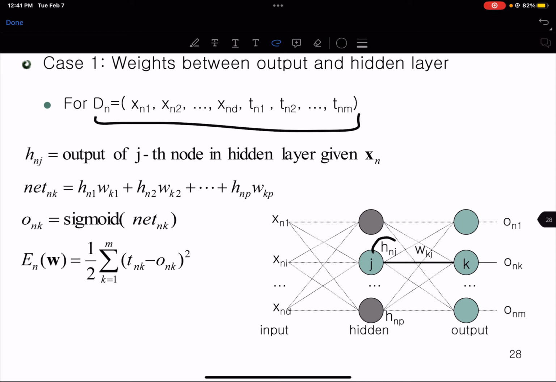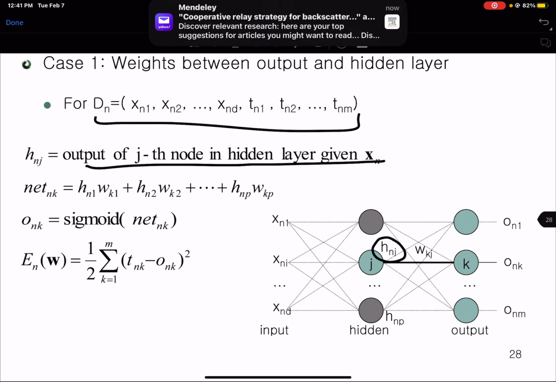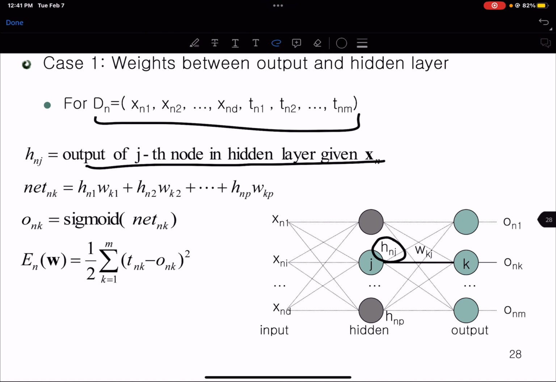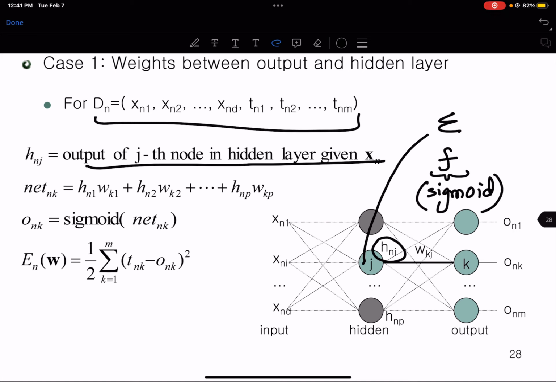So what is h_nj? It is the output of the jth node in the hidden layer for given x_n input. So we know that each node has a summation part and a function f part, and in this example that we will follow now, your f function, or the nonlinear transformation, is a sigmoid function.